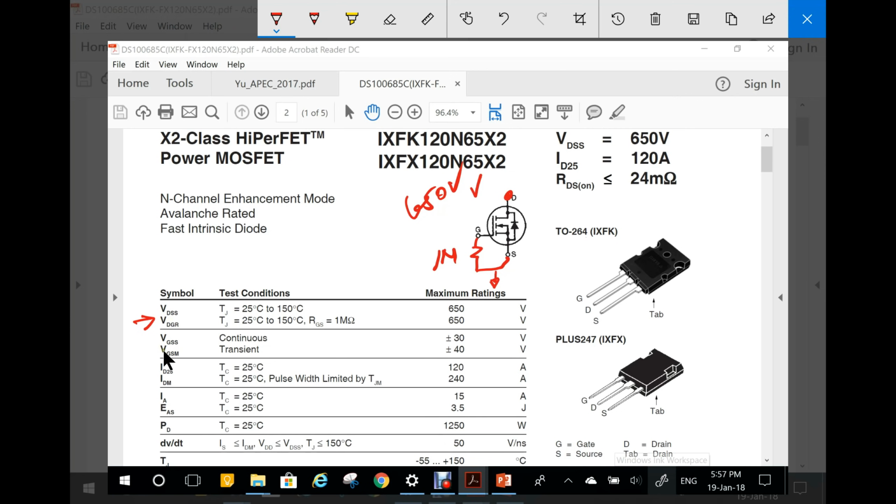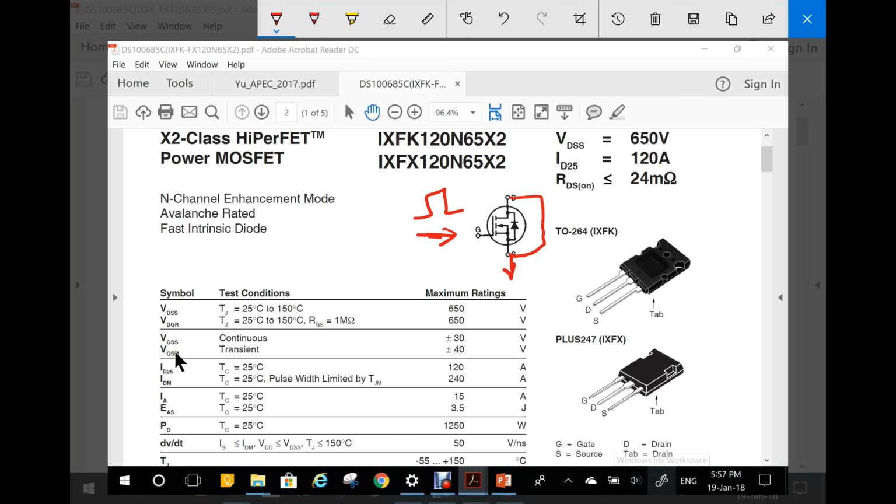Let's go now to VGSS. Now, we understand that VGSS would mean that you connect the drain to the source and then you feed a voltage here. And what it says is that this particular device will withstand a continuous plus minus 30 volt and a transient of 40 volt.